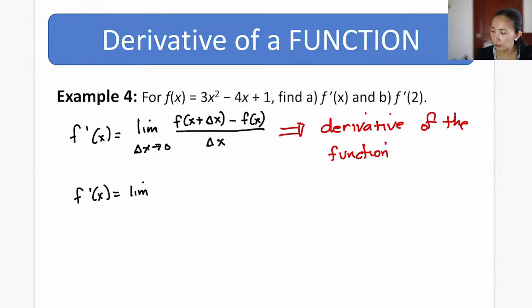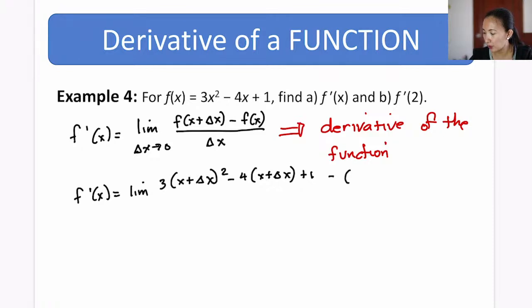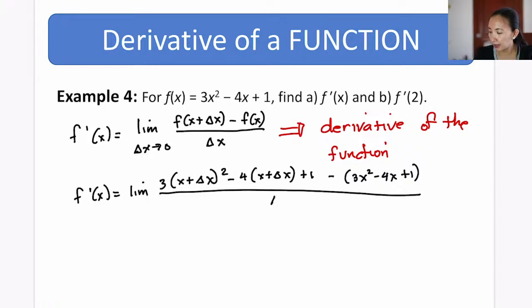The limit of 3 times x plus delta x squared minus 4 times x plus delta x, plus 1, minus, and close in a pair of parentheses, 3x squared minus 4x plus 1 all over delta x as delta x approaches 0.